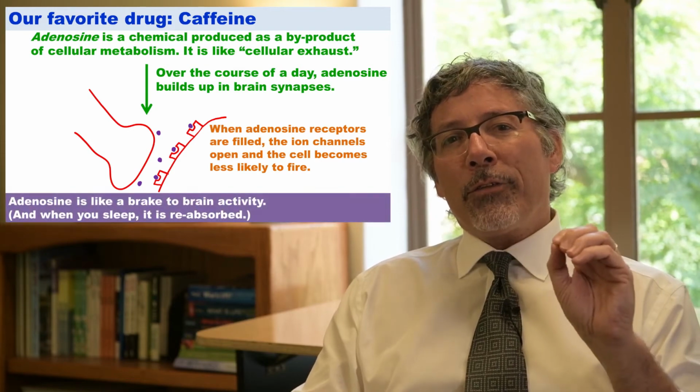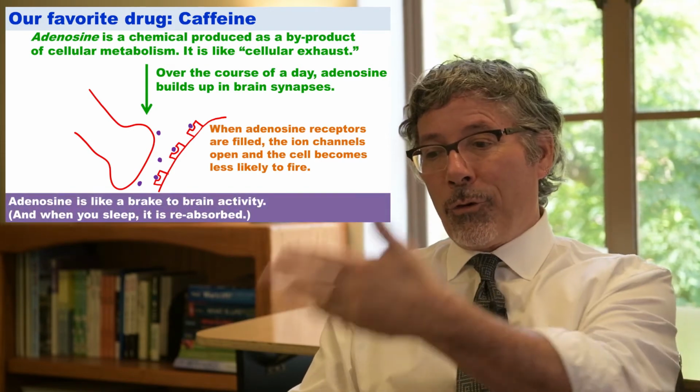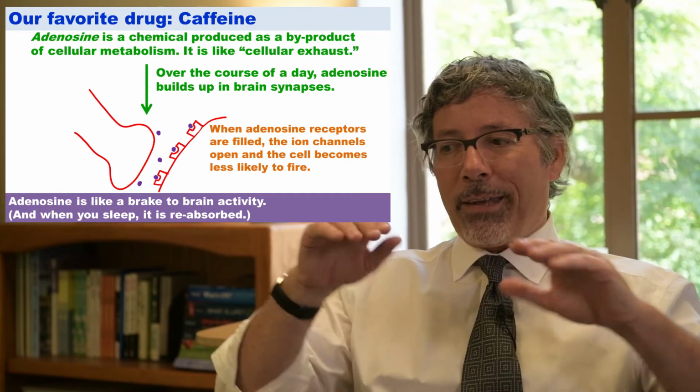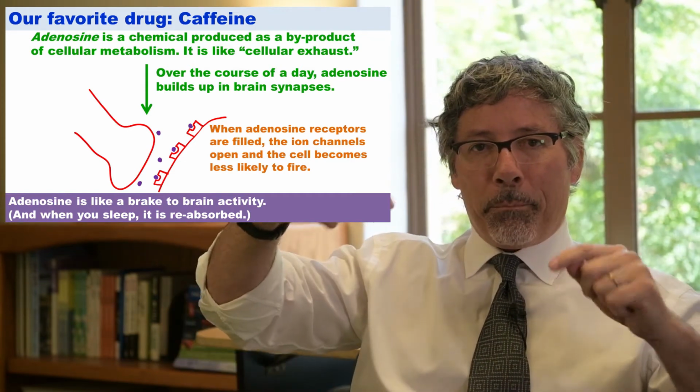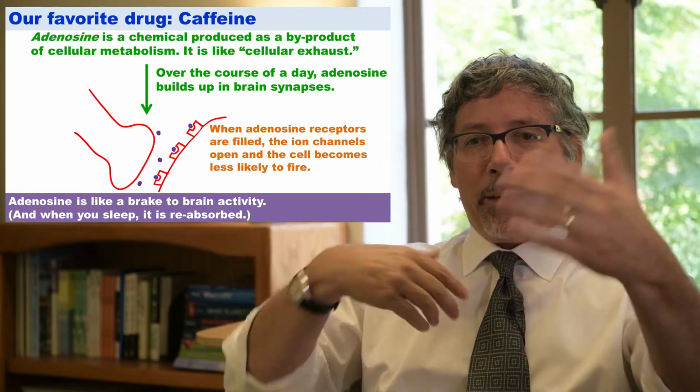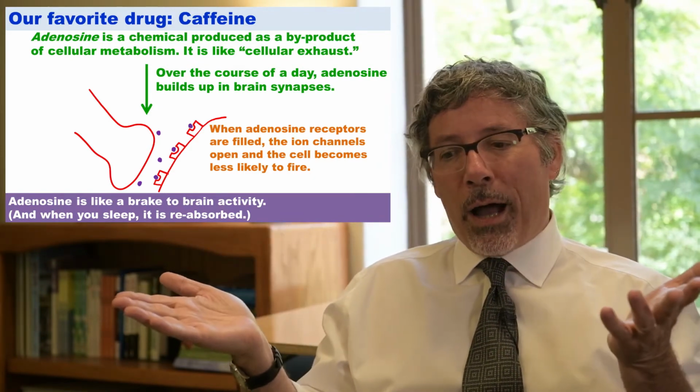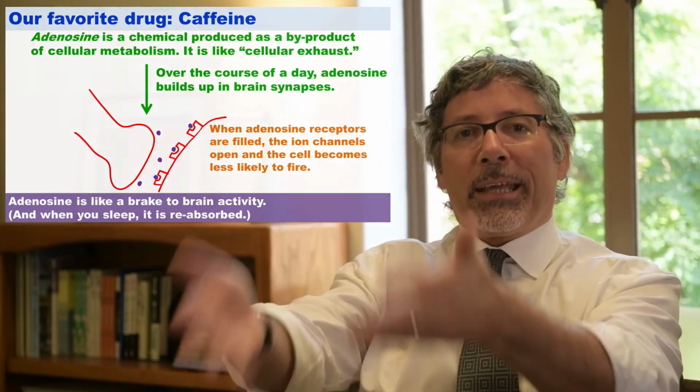You can think of adenosine as like a brake to neuron activity. Over the course of the day, more and more of the postsynaptic membranes have adenosine bound, and so they can't maintain concentration gradients of sodium ions, and activity can't occur.